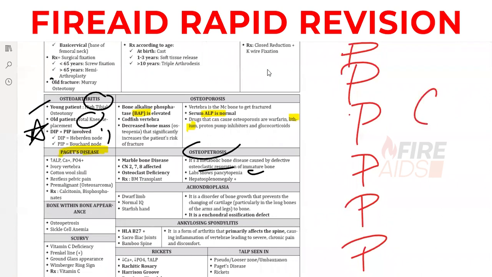Then C for calcium, C for cotton wool skull, and C for calcitonin.